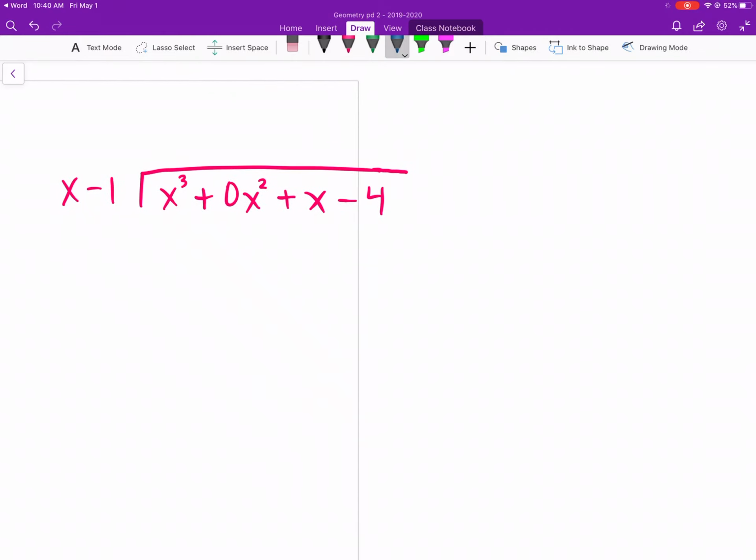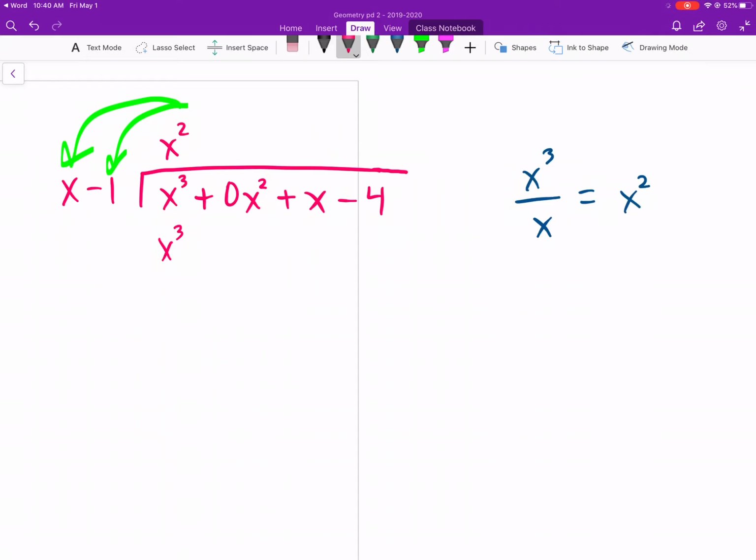So I'm going to do this one a little bit quicker. Divide the first terms, x cubed and x, you get x squared. Throw that value up top. Now take that value up top, multiply by everything on the outside. X squared times x is x cubed.